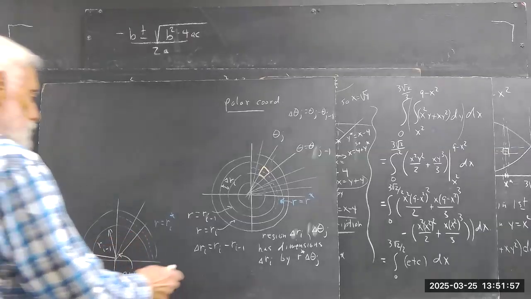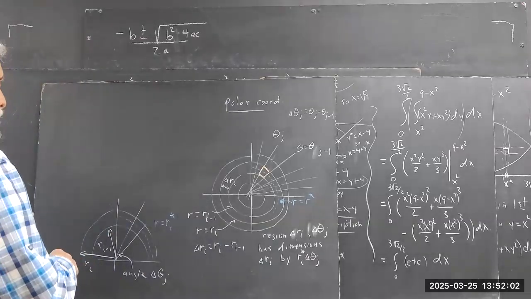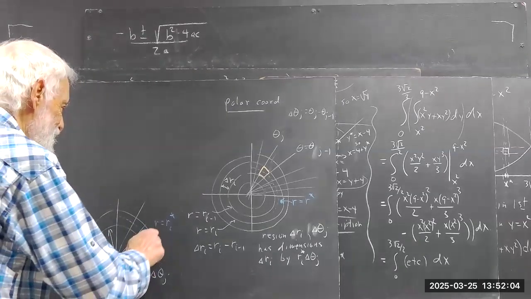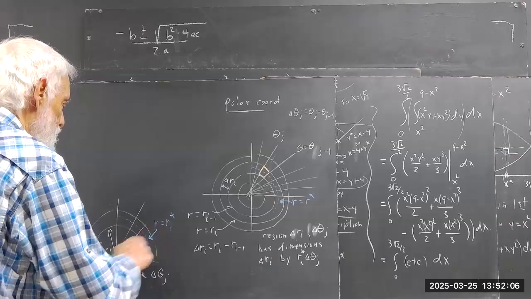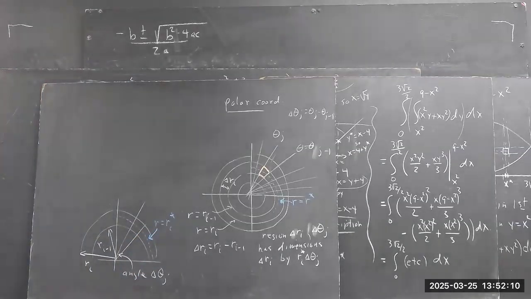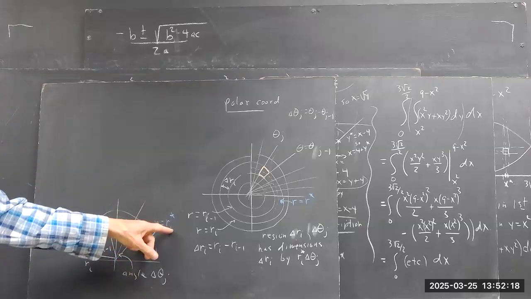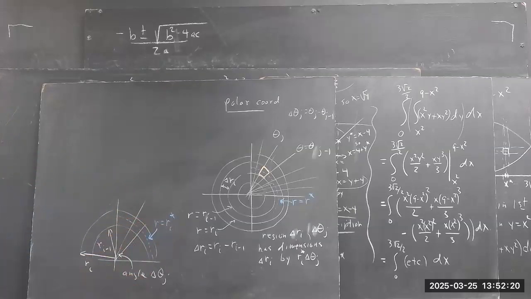Here's R equals R sub i star. I should have an i on it. By the definition of a radian, the arc distance here is equal to R sub i times delta theta sub j.